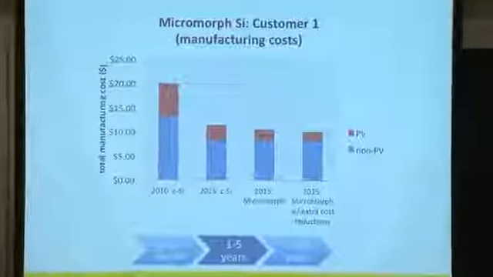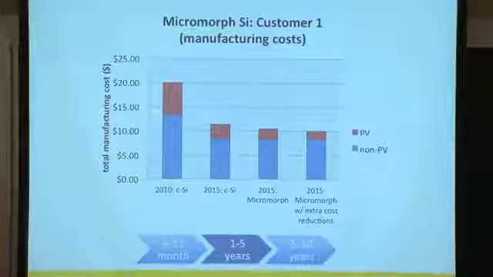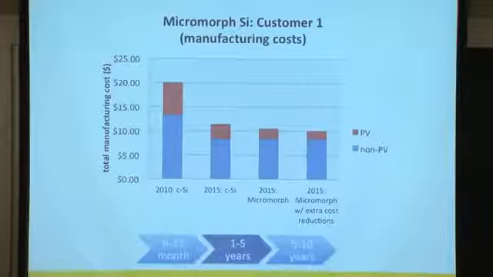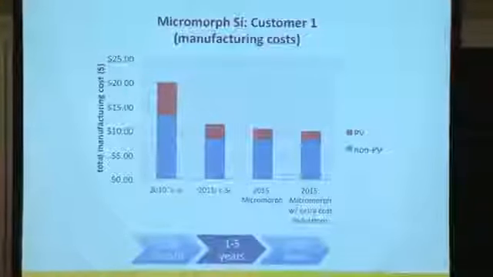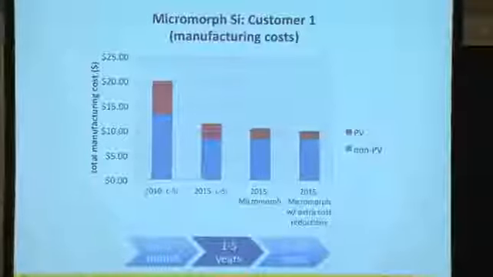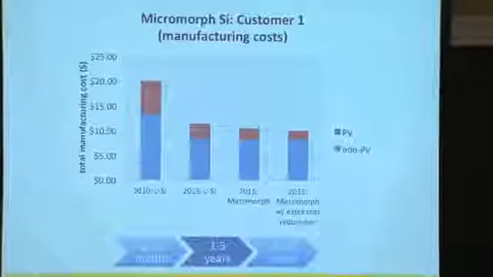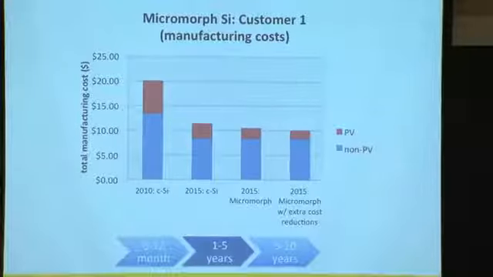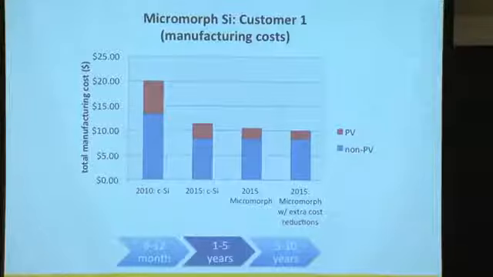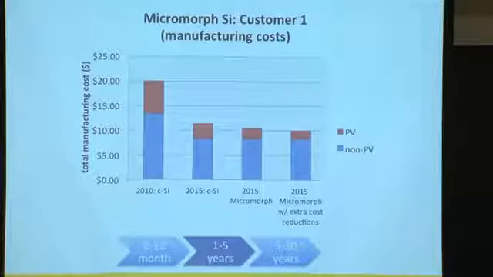The crystalline silicon was assumed to be the same as it is today, basically $1 a watt. Micromorph silicon was assumed to be 70 cents, and then on the far right we have kind of a really optimistic scenario where we've reduced costs even further by reducing encapsulation materials just for this application, and so we're down to 55 cents a watt.